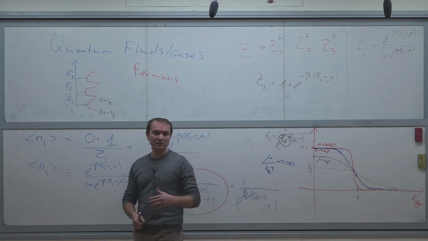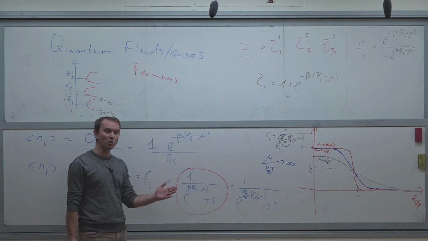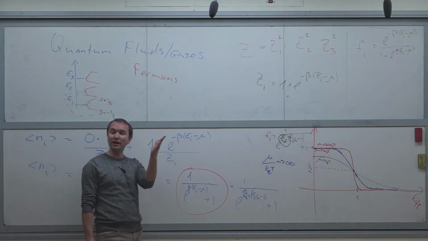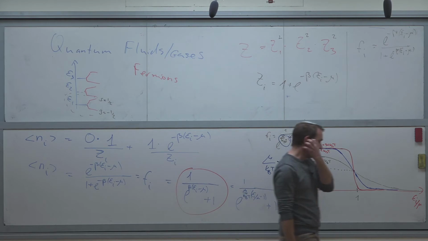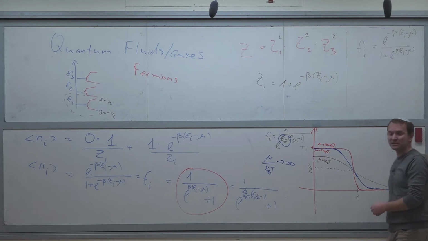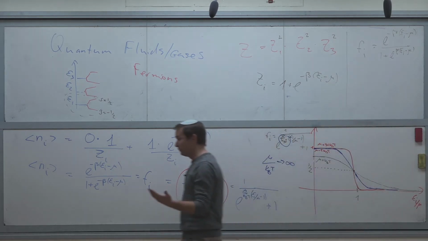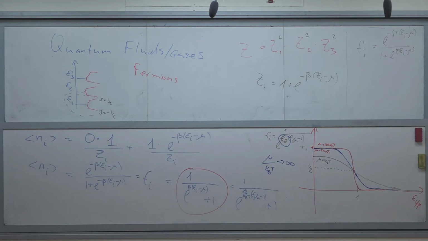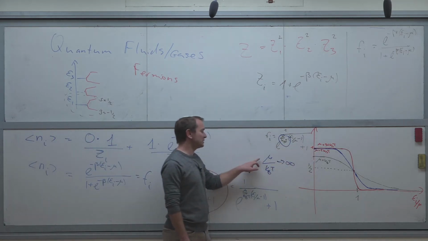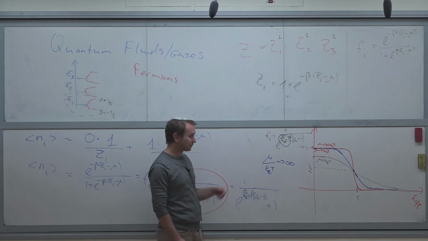So all the states with energy lower than mu are going to be occupied. All the states higher than mu are going to be completely empty. Statistically, if the probability here is e to the minus 2000, we won't ever see any electrons or particles in this state. So what's important is mu, or more specifically mu divided by k Boltzmann T.